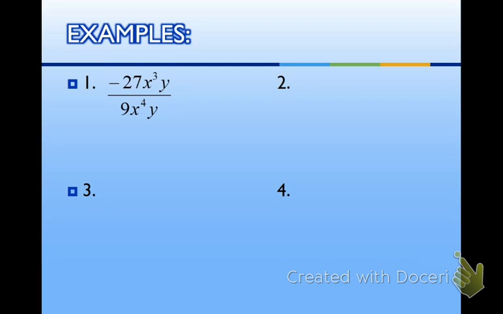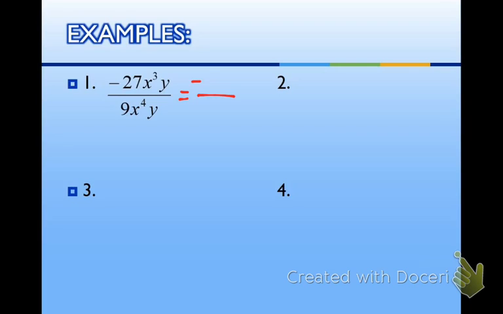It's not getting split up with a bunch of addition and subtraction in between the numbers or the variables. So we just simplify it like a fraction, one piece at a time. Really, we've done stuff like this before. You can put a fraction bar right away if you would like to. You don't have to. So we've got negative 27 divided by 9.